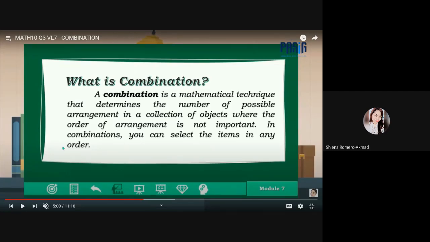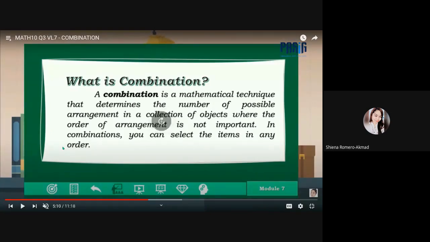If they hold a certain position, the order really matters. O kunwari, you are going to vote for a president, a vice, and a secretary. They hold a position, that is permutation. So order matters. While here in combination, you can select the items in any order you like, as long as you select it according to what the situation wants you to.